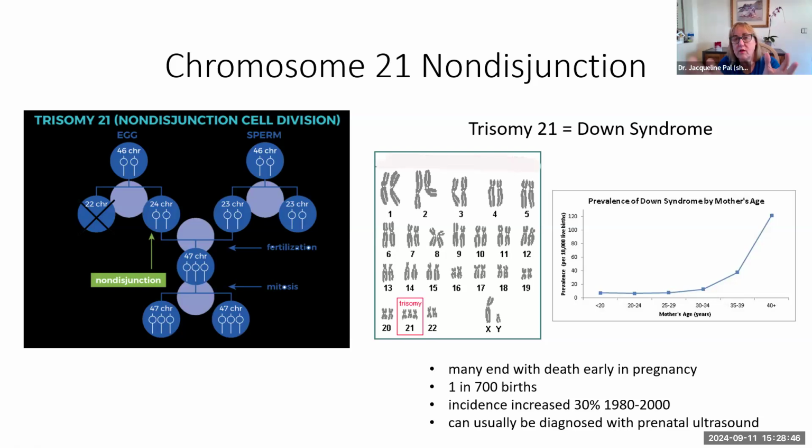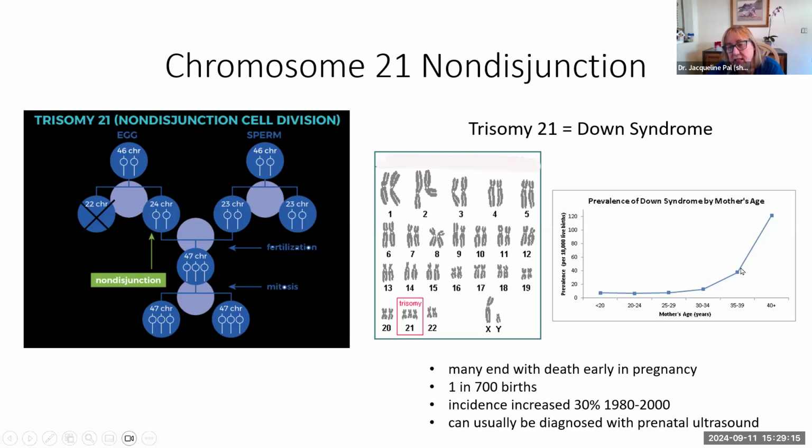Many trisomies end up with death early in pregnancy, where the ladies have what we call a spontaneous miscarriage in the first few weeks of pregnancy. But at live birth, without any medical intervention, about 1 in 700 births would end up with trisomy 21.